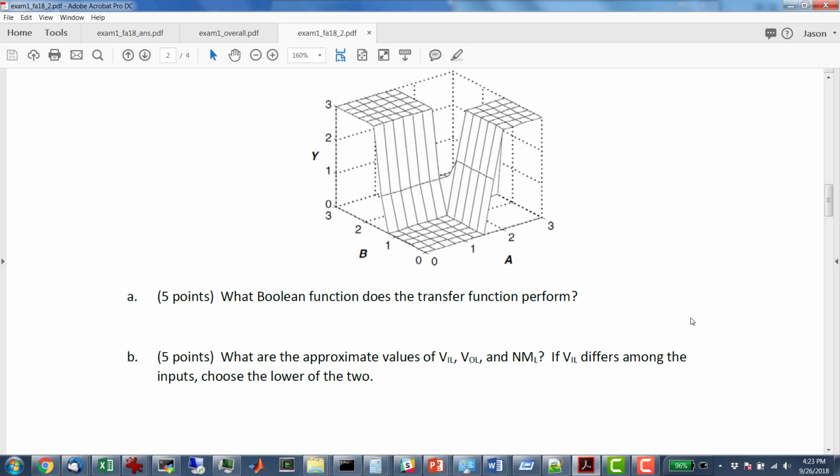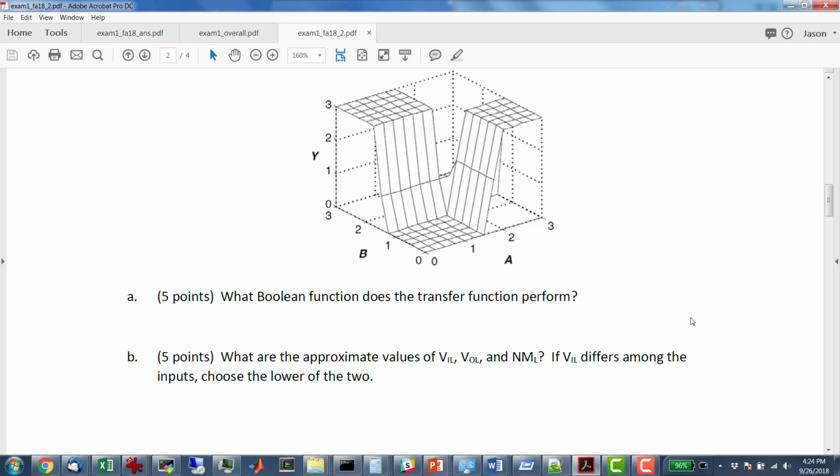Now, what about the input? For the input, I can look at A or B. It's a little hard to read, so if you got anywhere near the answer here, we gave you full credit. But if you look at this really closely, and it's hard to tell on the projector, it looks like B, for instance, is 1.25.